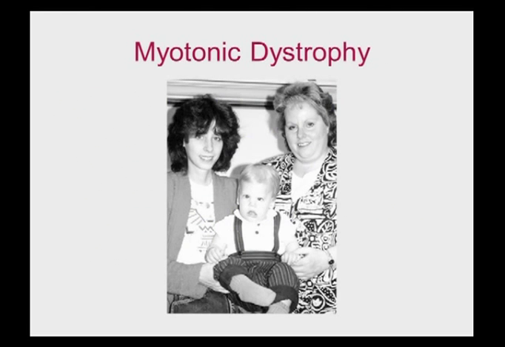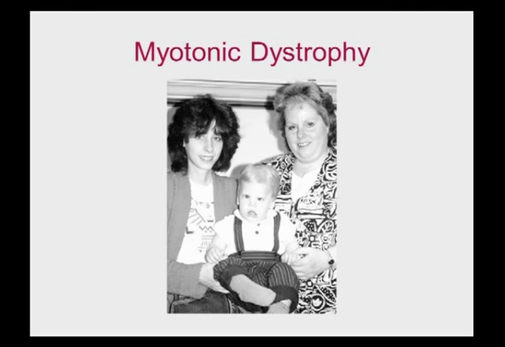So this is a family of patients with myotonic dystrophy. There is a grandmother, a mother, and a child. The grandmother had a later onset, the mother a slightly earlier onset, and the child had essentially congenital onset. This is a pattern that is not infrequently seen, a so-called anticipation, so that as the gene is passed from one generation to the next, there seems to be an earlier onset and frequently a more severe form of the disease.